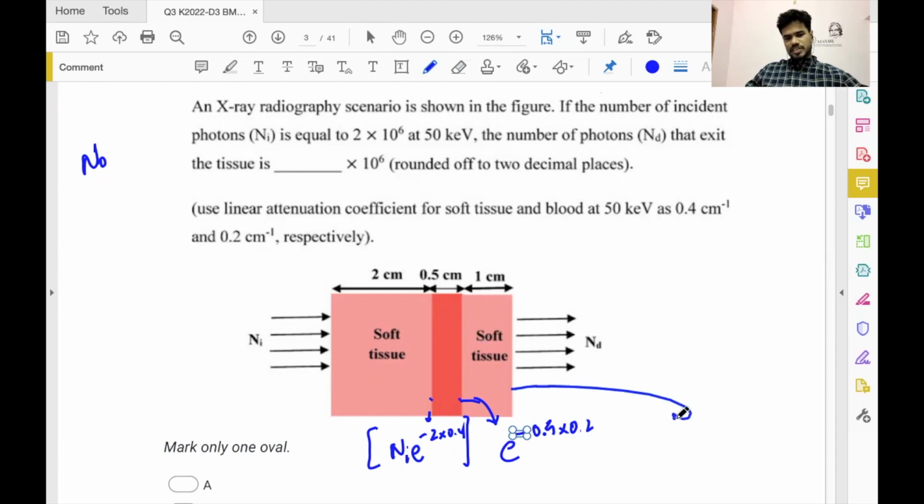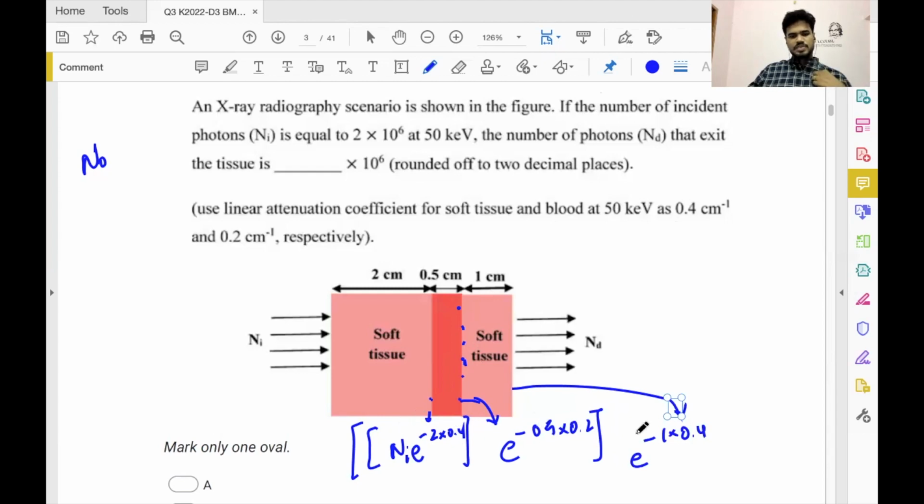So what is the intensity that shows up here? Whatever comes in gets attenuated. So at this end, we take this whole thing, that is what enters here. Then there is attenuation for 1 centimeter, so that will be e power minus distance 1 times attenuation 0.4.